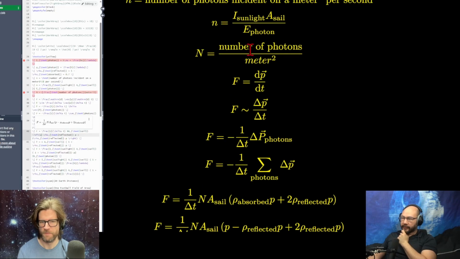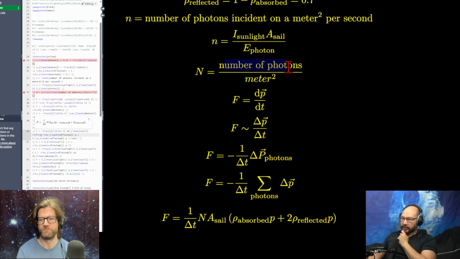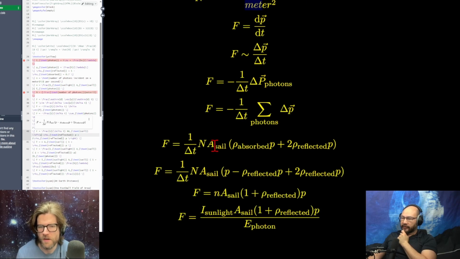Agreed. Because if you already have the total number of photons per square meter and you multiply it by the area here, it's no longer per square meter, which would be a pressure, I guess. Oh, wait a minute.